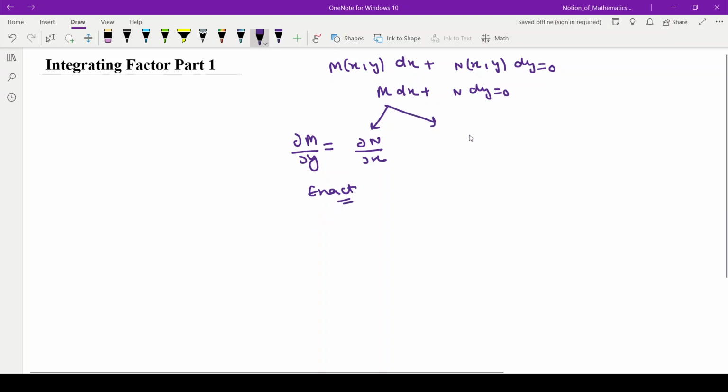But if partial M by partial y is not equal to partial N by partial x, then such an equation is known as a non-exact differential equation.